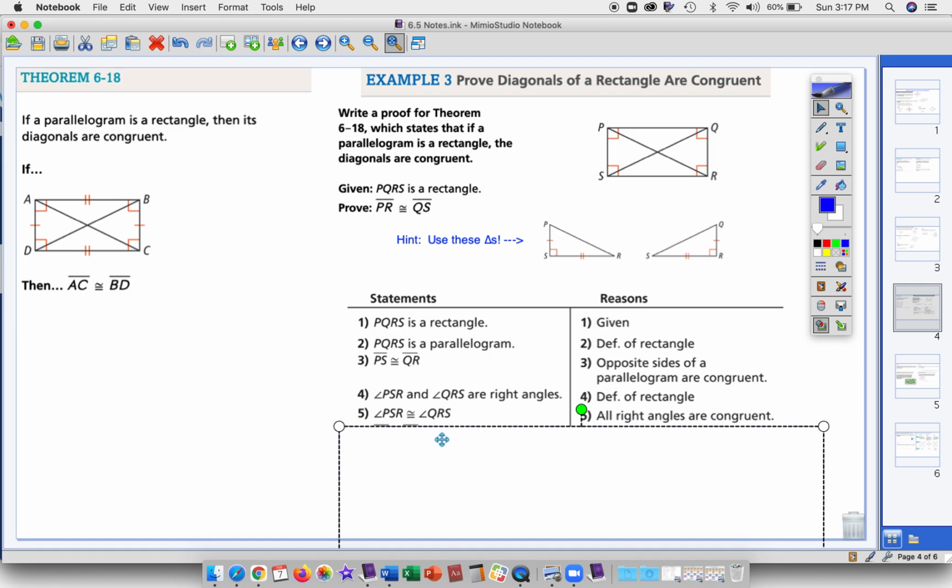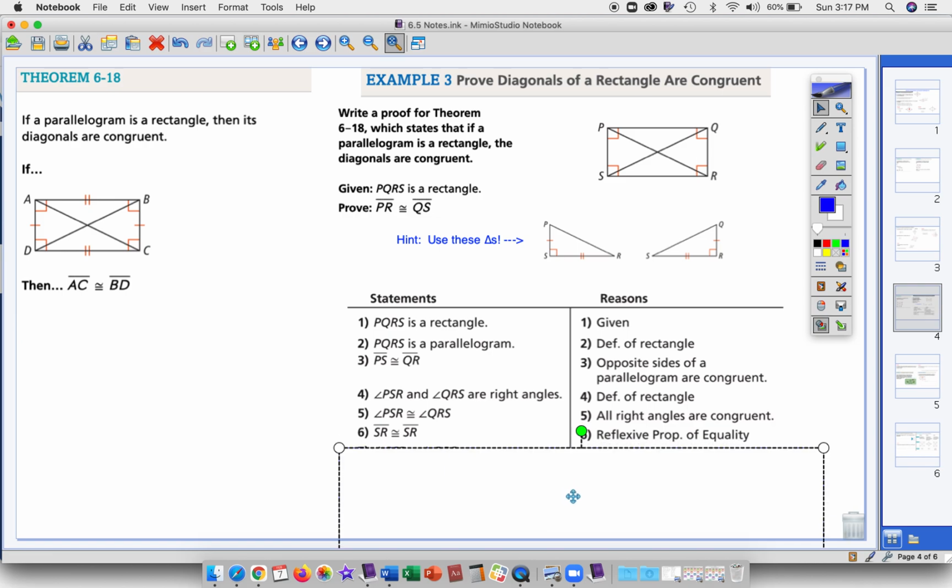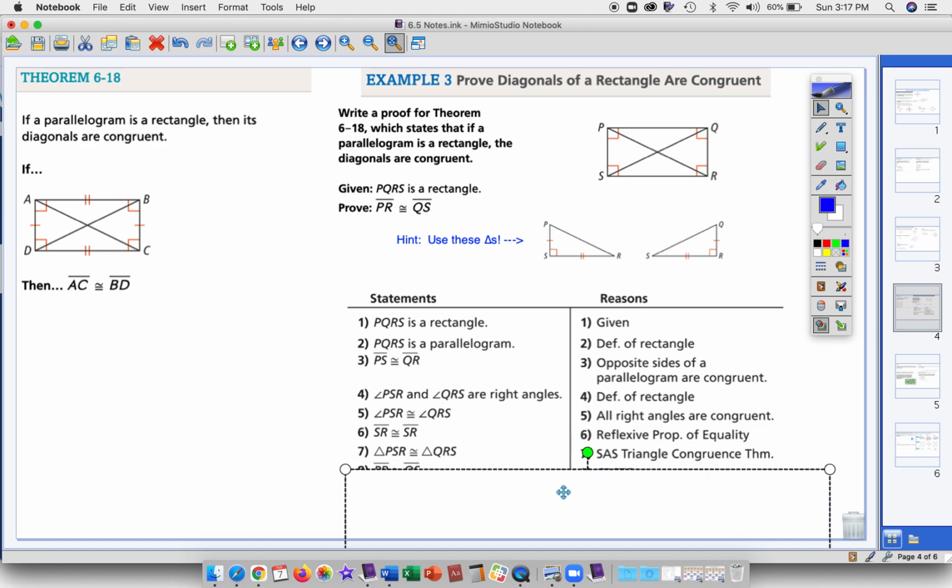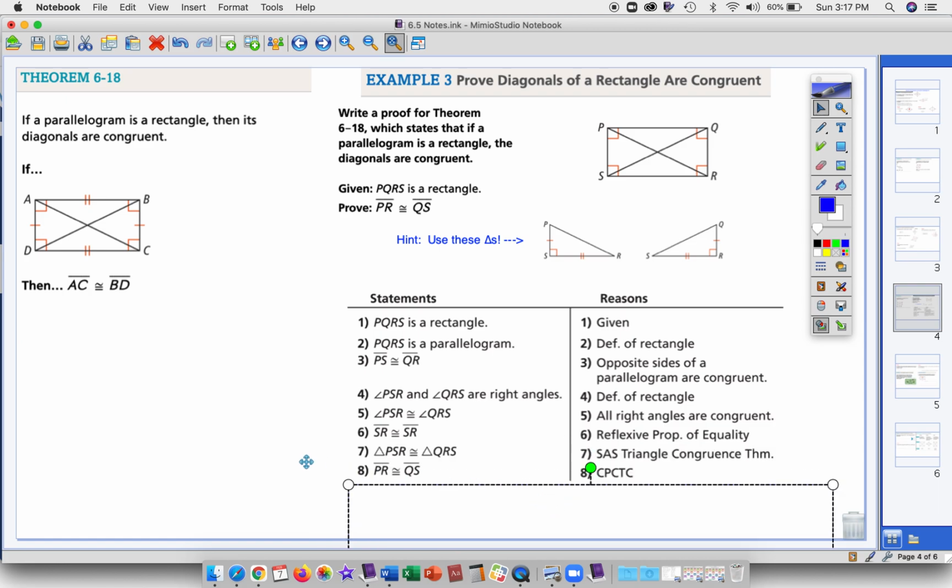That makes those angles congruent because all right angles are congruent. We can say SR is congruent to itself by the reflexive property. Therefore, we have congruent triangles by SAS. We can then say that PR is congruent to QS by CPCTC.